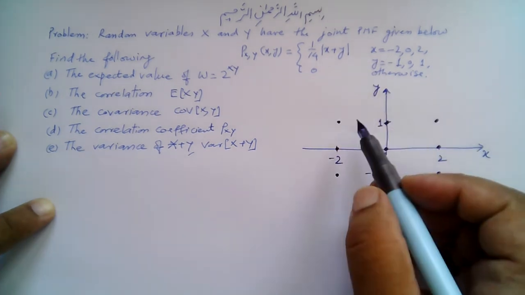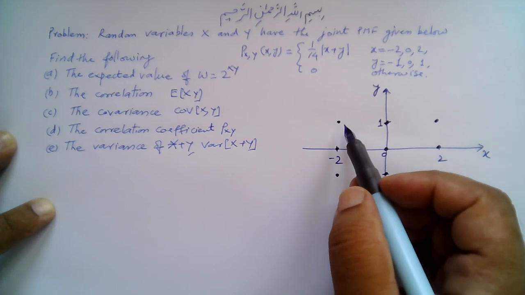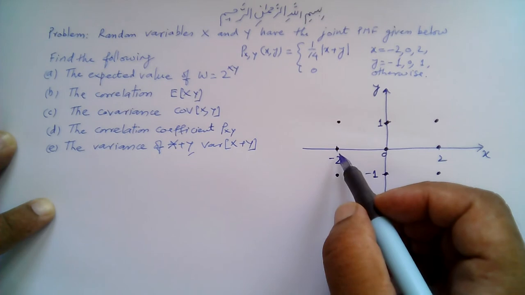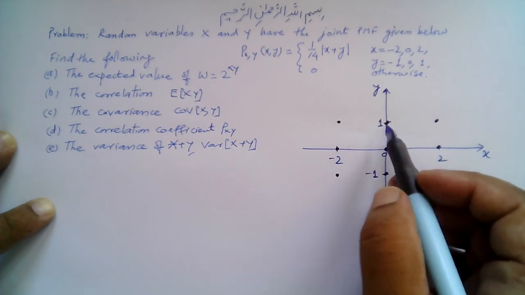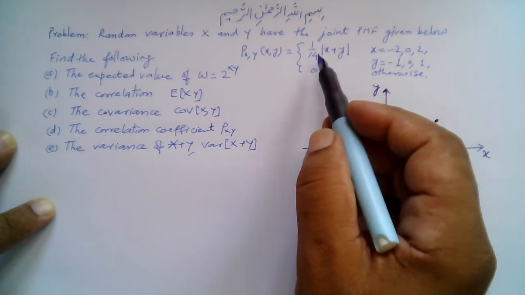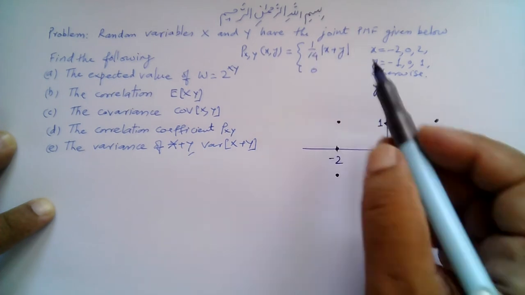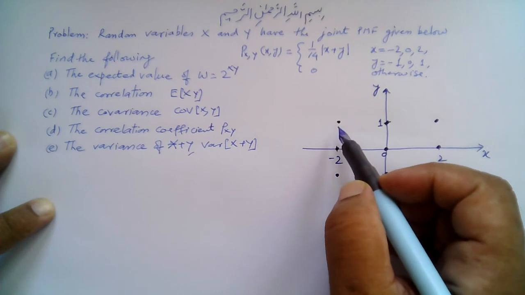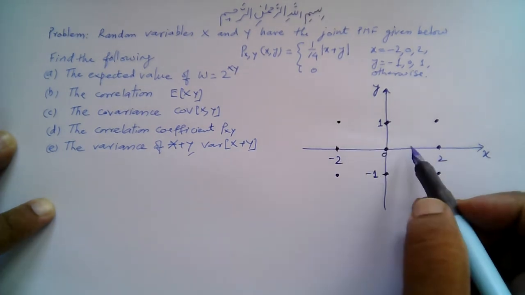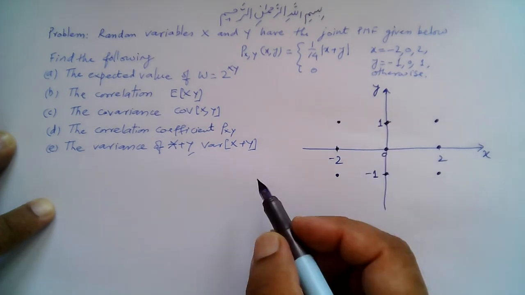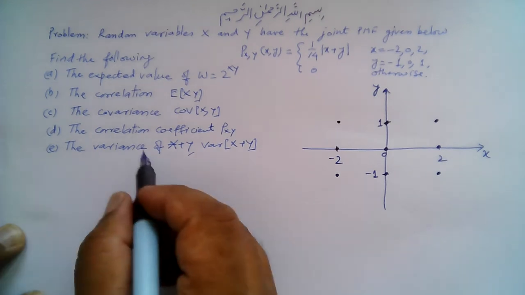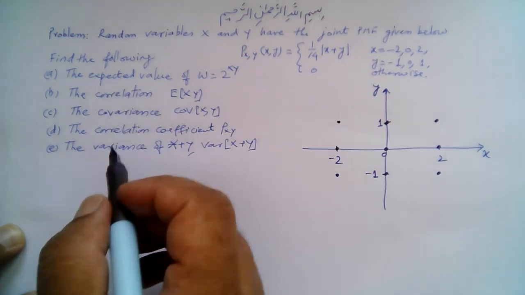For example, x at this point is -2 and y is 1. So -2 plus 1 is -1, the absolute value is 1, multiplied by 1 over 14. So the probability at this point is 1 over 14. We can compute the probabilities at all these points in a similar manner. Let's put them in a table, which will be convenient when we solve these problems.